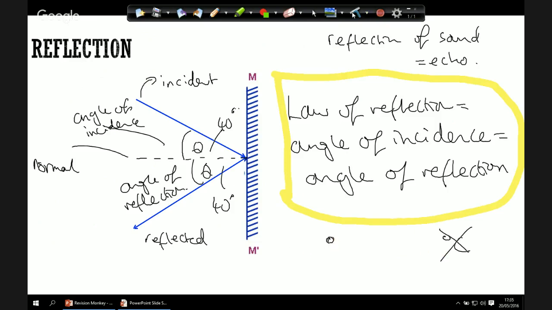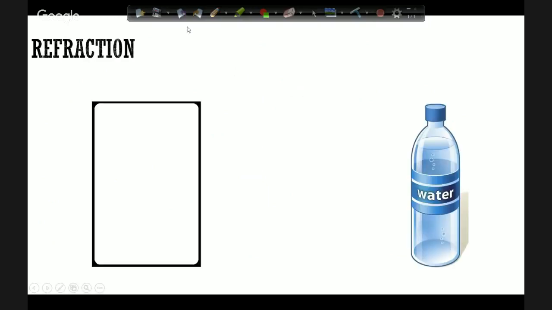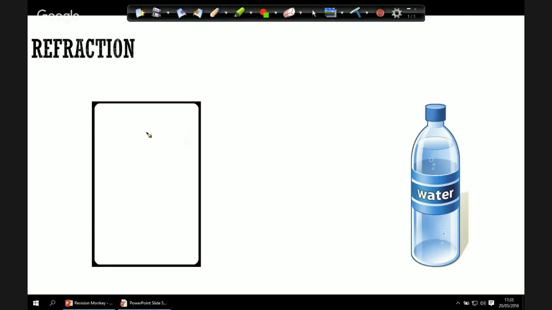So that's reflection. The next thing that I want to look at is refraction. Refraction is when light bends when it goes through a different medium. Okay, we kind of say bends, but it's better to say changes direction. Okay, so when a wave changes direction, because we remember that waves, light for example, travel in straight lines, so it's better to say changes direction rather than bend.